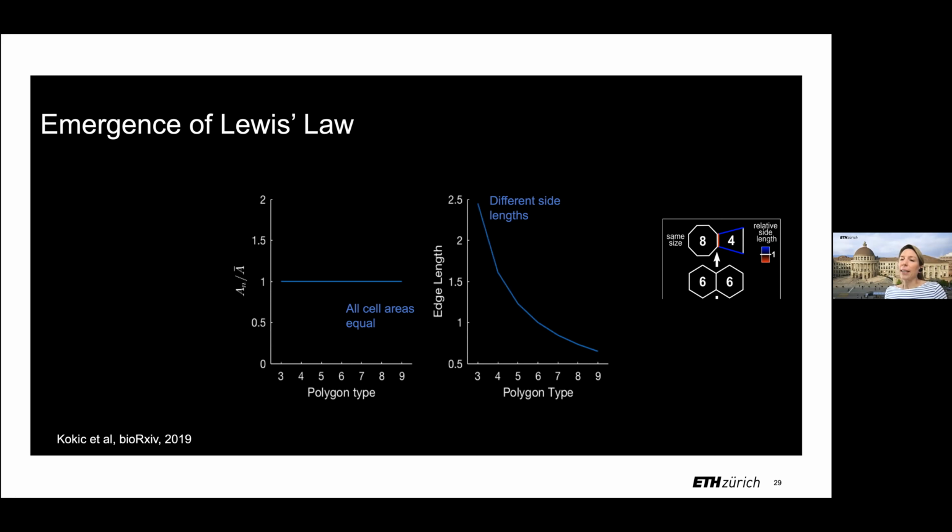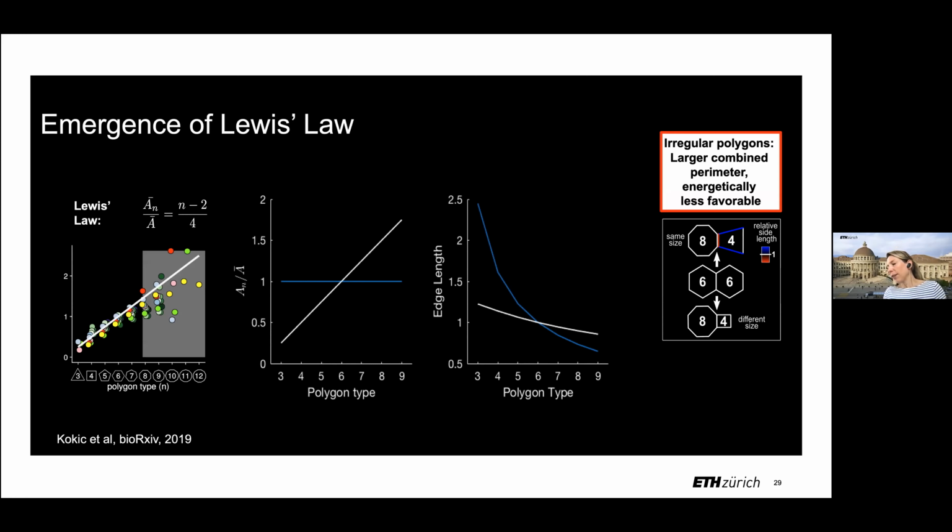And if I want to minimize the overall perimeter, to minimize the contact surface energy, then this would be a problem. Now, if I follow Lewis law, then the edge length becomes very similar. And that means I can have more regular polygons in my lattice, which would have a lower combined perimeter and therefore a lower contact surface energy.